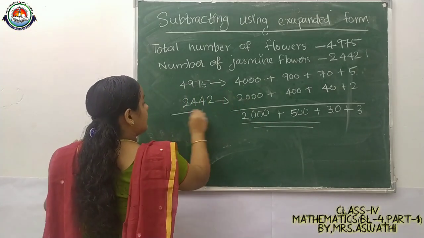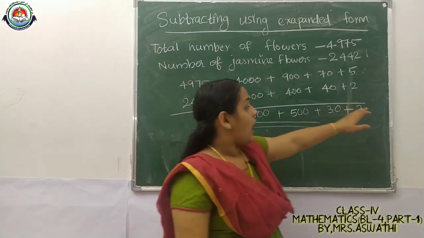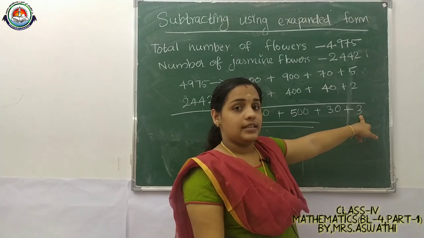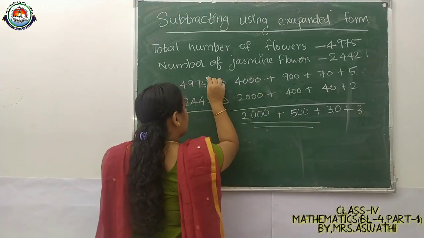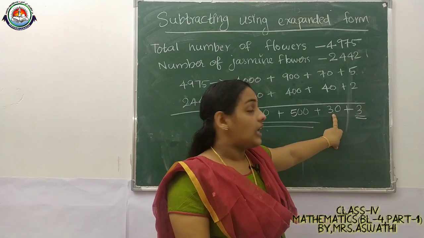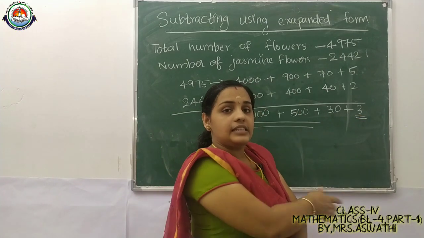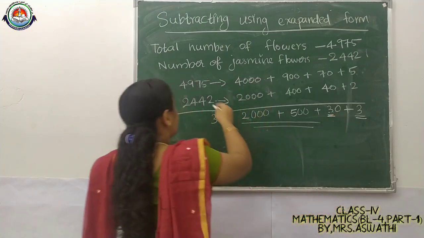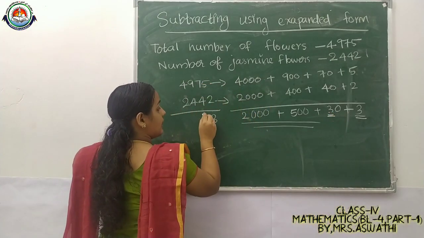So we can write in the answer: how many ones are there? 3 ones, so we write 3 in the ones place. How many tens are here? 3 tens, so we write 3 below the tens place.